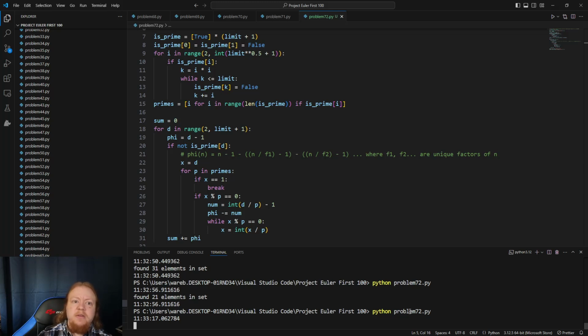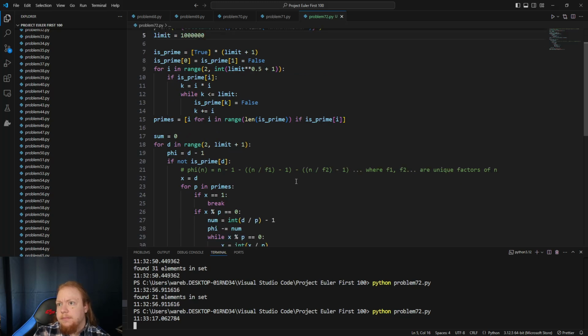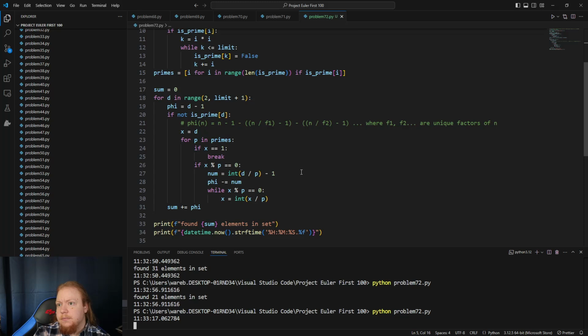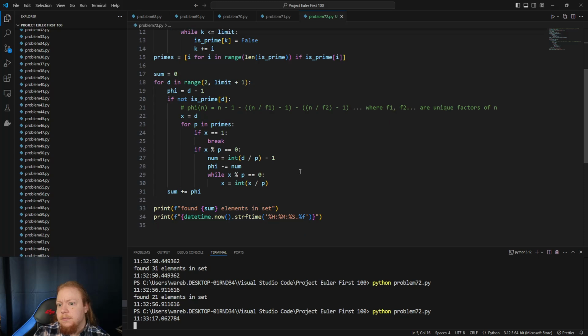Okay, so obviously it's taking a bit to run. I believe it's already been over a minute, so this is clearly not our most efficient solution. I wonder how long it will take to get to the correct answer.